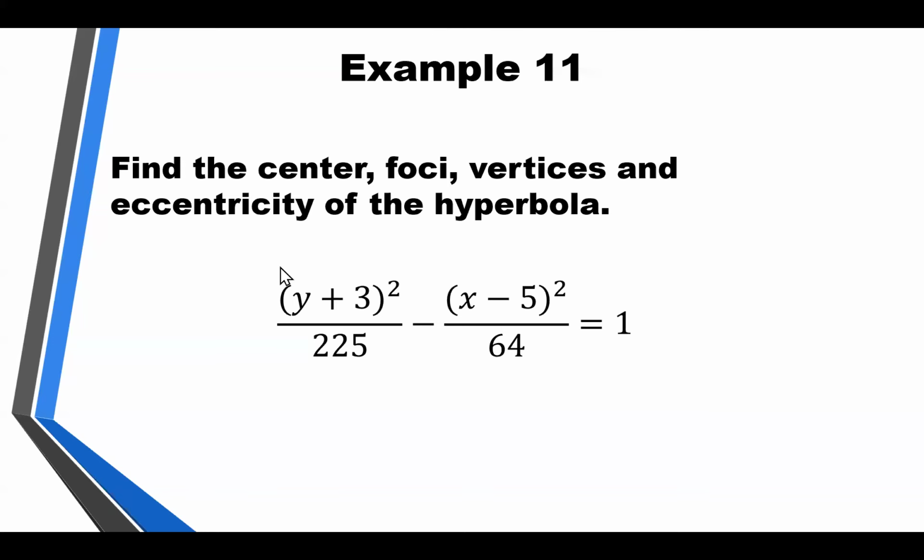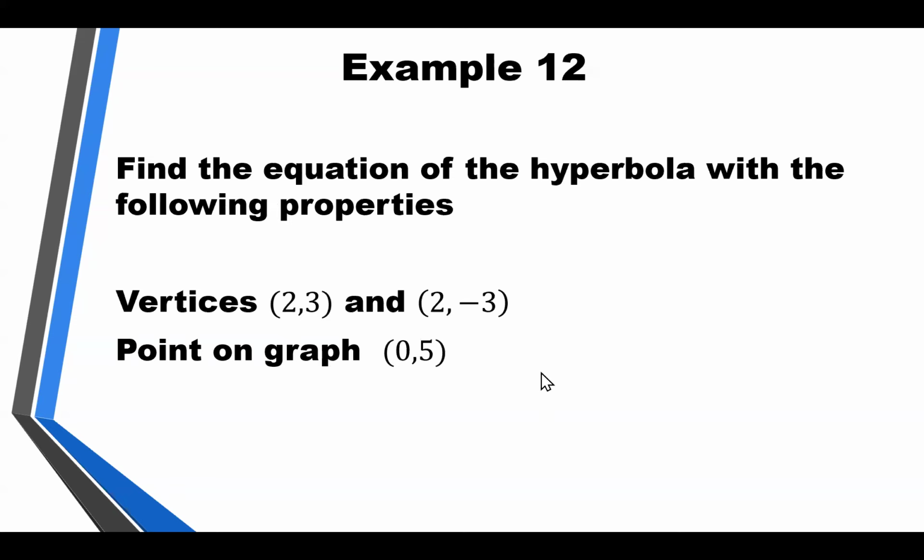Now, I'm only going to do one example like that, where I start with the equation and then we find the features of the hyperbola, because it's so similar to problems that we've done before with the ellipse, with the parabola, with the circle, pretty standard type problem. I'm going to, in the next example, do a finding the equation problem.